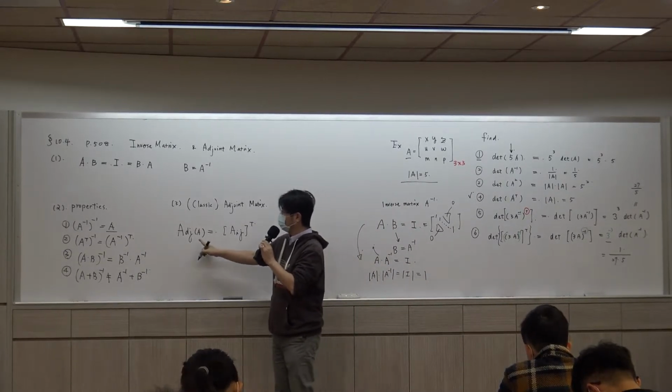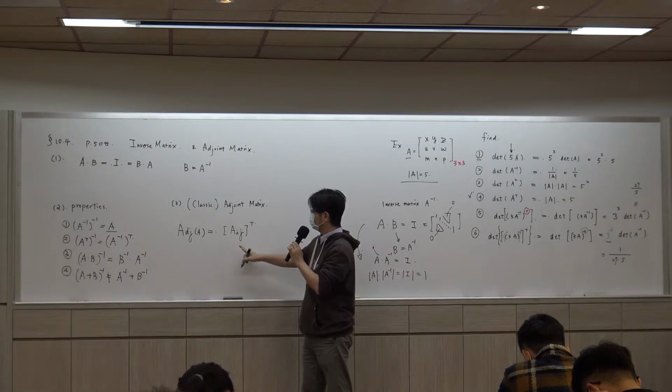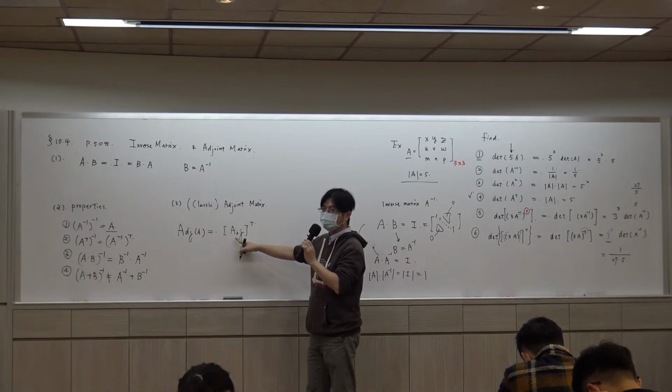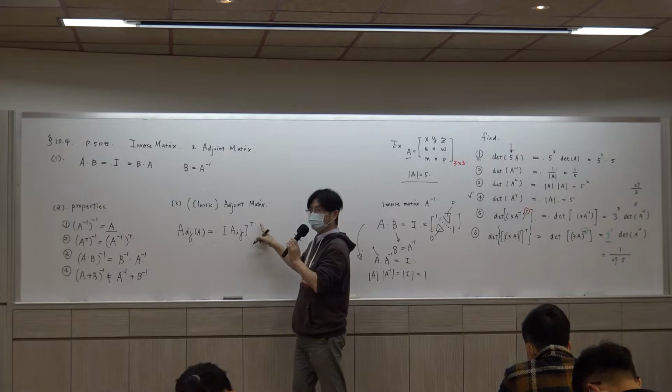The definition for the adjoint matrix A equals the cofactor matrix, then transpose.